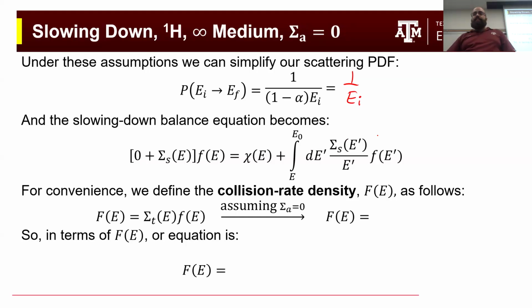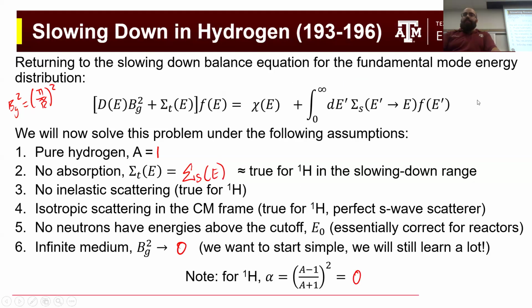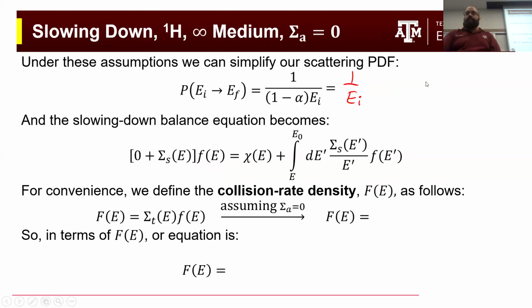And if I just go back real quick, this sigma s from e prime to e, we just said that that's going to be sigma s at e prime times the probability to go from E prime to E. And we just said that this probability is just 1 over that incident energy, which would be 1 over E prime. So that's how I'm simplifying to get here, right?